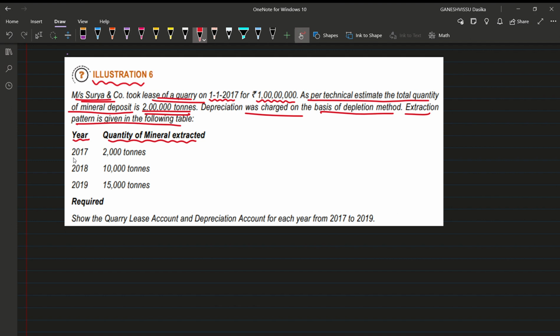For 2017, 2,000 tons of mineral were extracted. In 2018, 10,000 tons were extracted. In 2019, 15,000 tons were extracted. We need to show the quarry lease account and depreciation account for each year from 2017 to 2019. Very simple question.